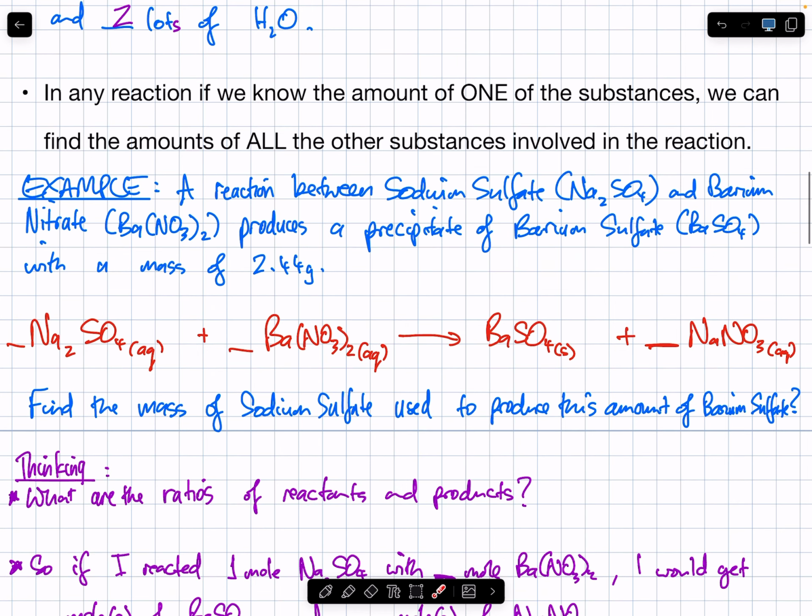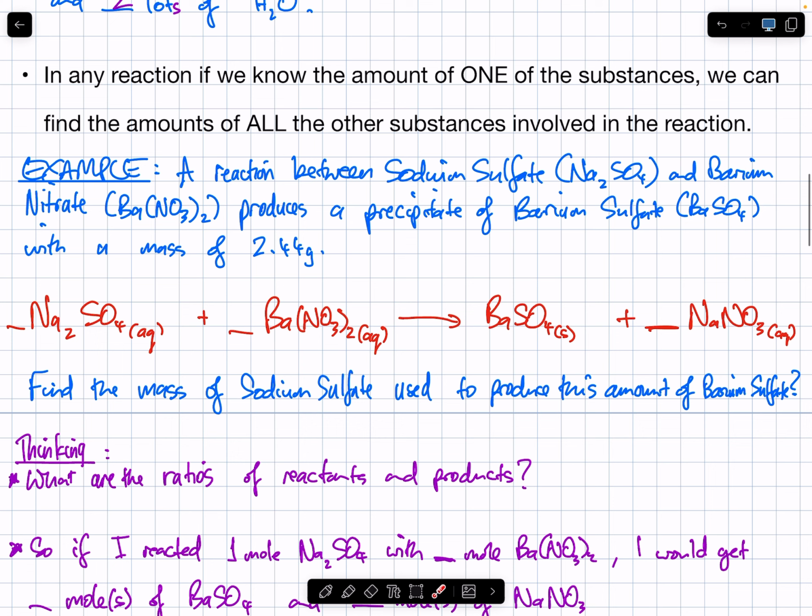So you have this equation here, and I'm telling you that after this reaction, I measured that I had 2.44 grams of this. And because you have 3 formulae, you can work out exactly how many grams of this you produced, how many grams of everything.